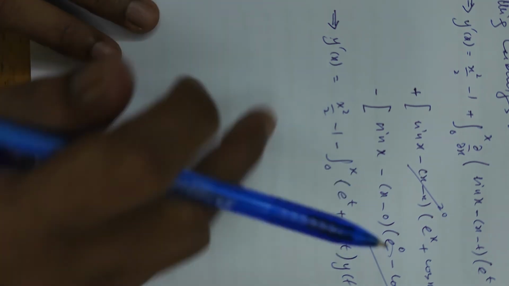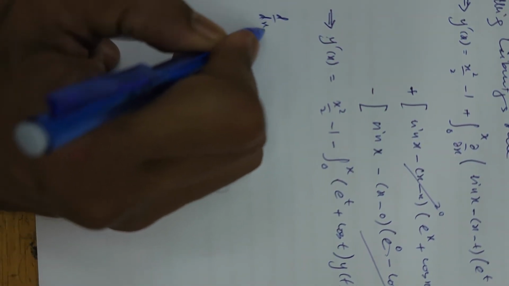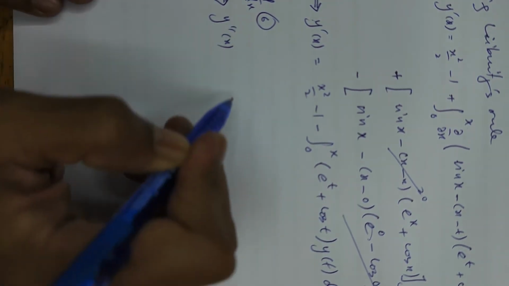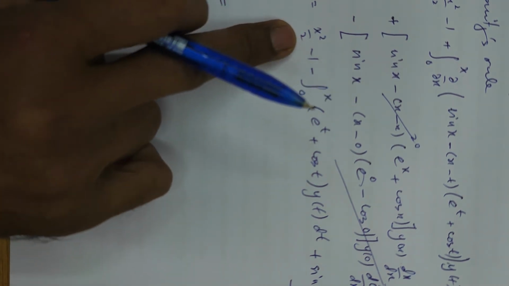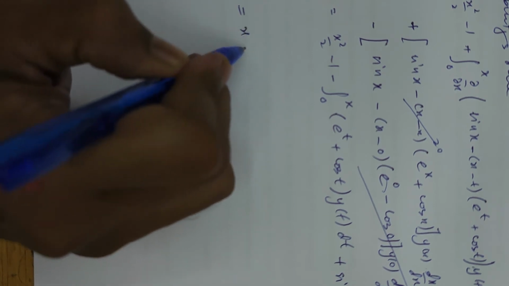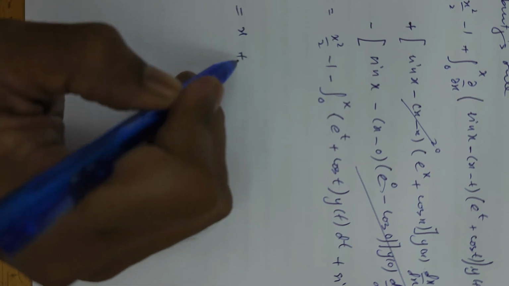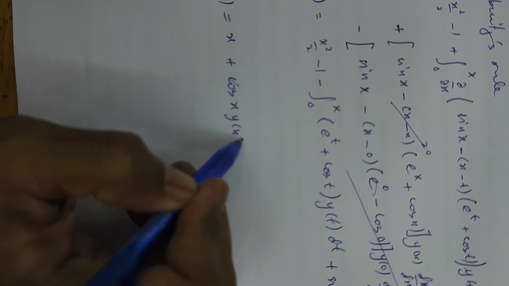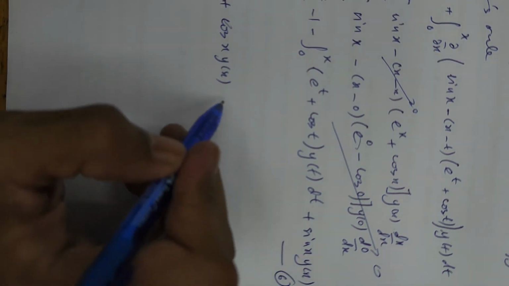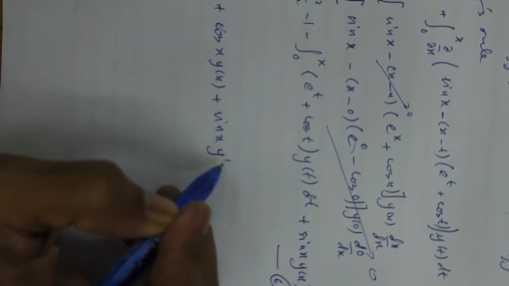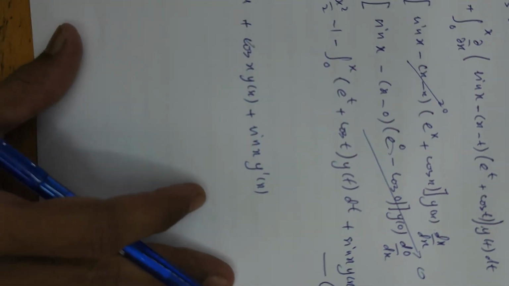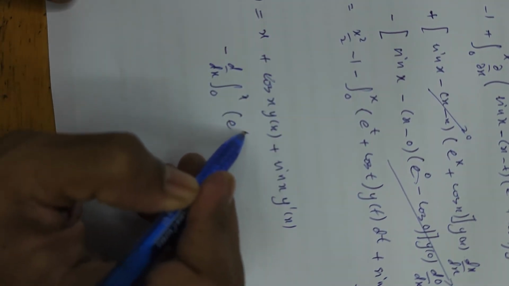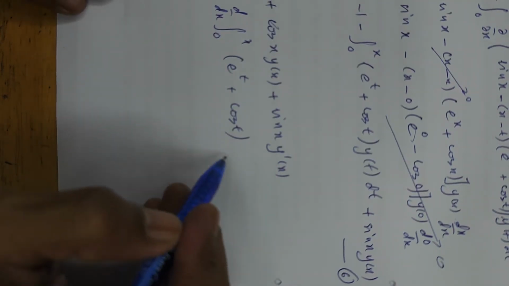From y you got y prime, and now differentiate with respect to x, d dx of 6. So we got y double prime x equal to x, those two cancel out, plus we differentiate and get cos x y x plus sin x y prime x, and then inside the integral sign we have negative integral from 0 to x of e to t plus cos t, y t dt.